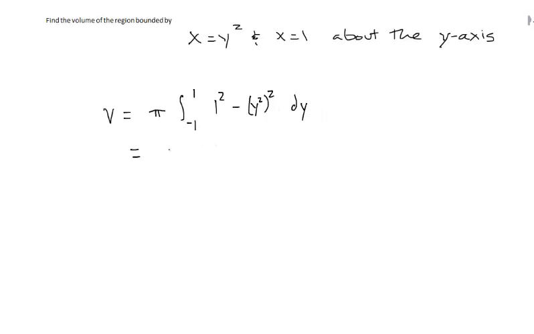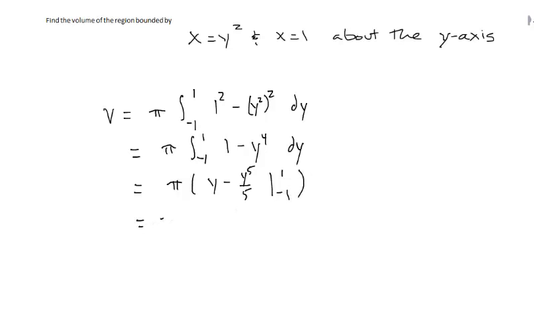So now we simplify this and we get the integral from -1 to 1 of 1 minus y to the fourth dy, and then we have pi times y minus y to the fifth over 5 evaluated from -1 to 1.